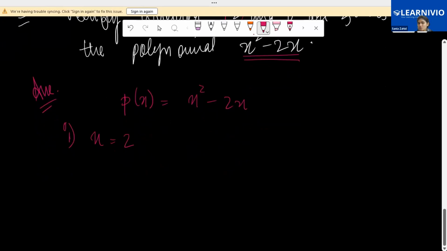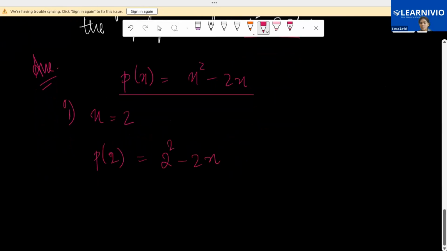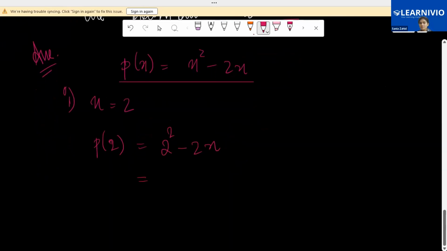So when x is equal to 2, what will be this value now? That's not 2 minus 2x. It is 2 squared minus 2x. So what's 2 squared? 4. 4 minus, instead of x also you'll put 2.